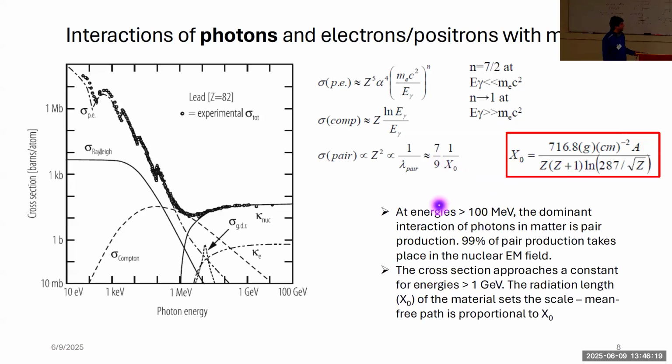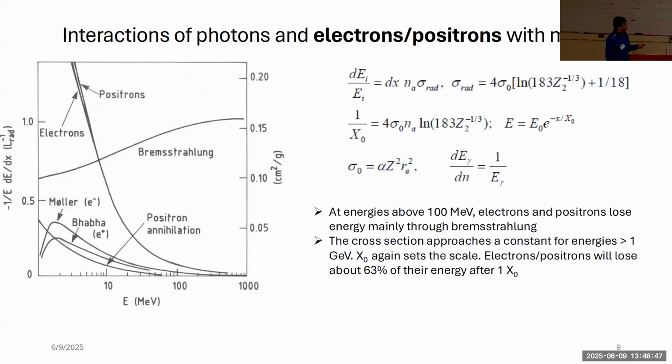So we say that this mean free path, lambda, which is the average distance for one of these pair production interactions, is proportional to this radiation length. Okay, so the radiation length sets the scale of how often you're going to have this pair production, the photon splitting into an electron-positron pair.